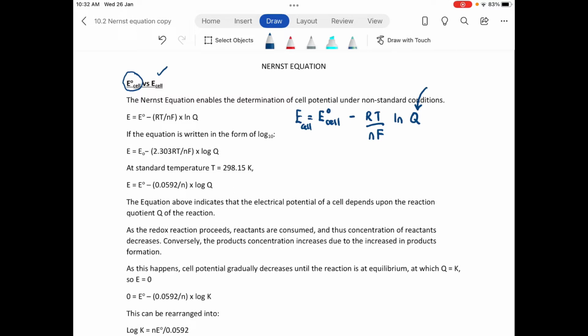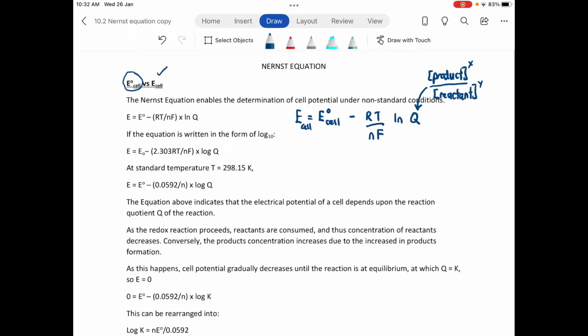Q is our reaction quotient. If you still remember, we learned Q during chemical equilibrium, where it is the ratio between the concentration of product and reactant. So it should be the concentration of product to the power of its stoichiometric coefficient divided by the concentration of reactant to the power of its stoichiometric coefficient. That is if the product and reactant exist in the form of aqueous solution.